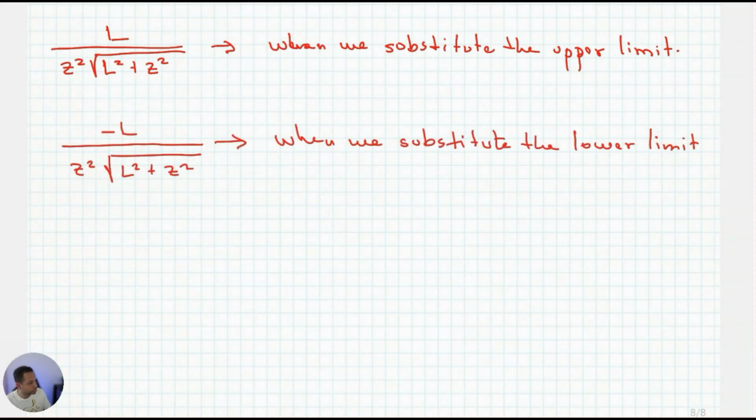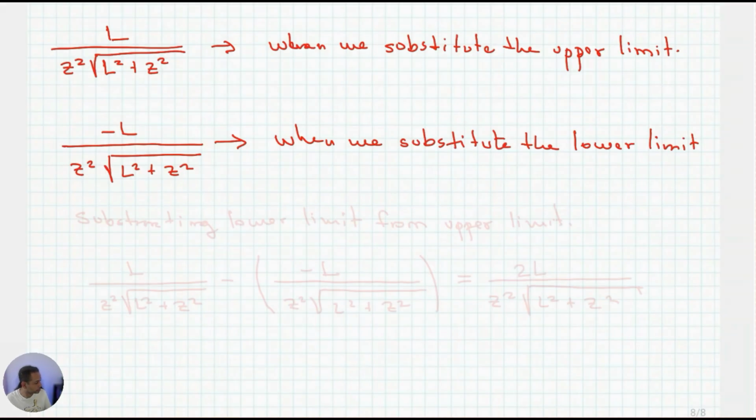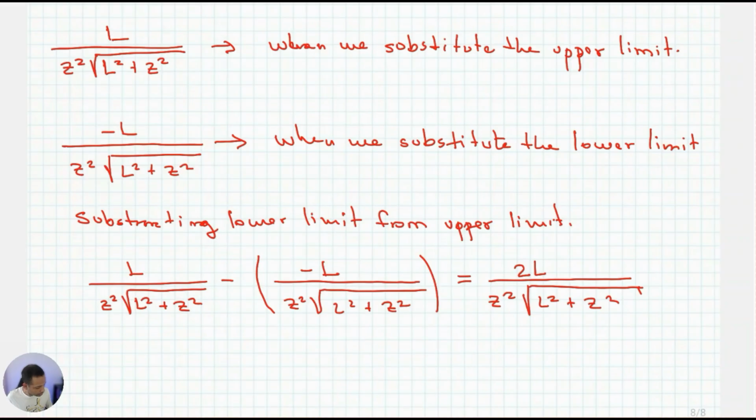So now when we subtract the lower limit from the upper limit, as you see here, these two signs, minus and minus, become positive when we multiply them, and these two terms are equal, so we get 2 times L dividing z squared multiplying root square of L squared plus z squared, right?